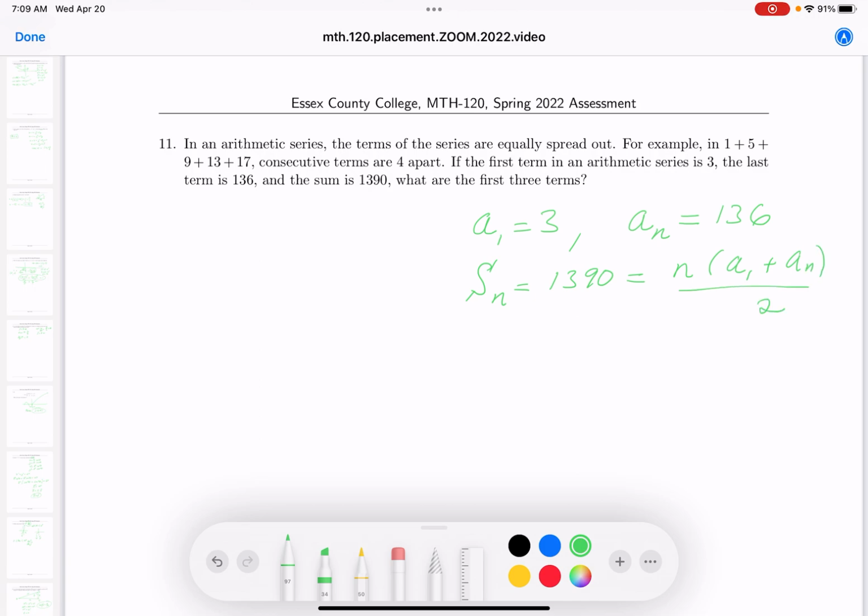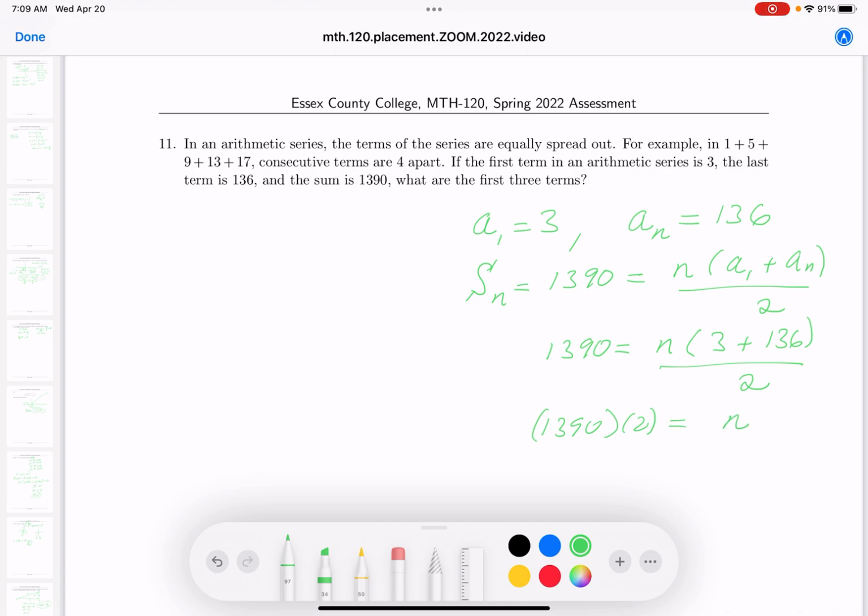Let me see if this gives me anything. So I'm going to say 1390 equals n, I don't know what n is, A1 is 3, and An is 136, and that's all over the number 2. I want to solve for n. It's going to be 1390 times 2.